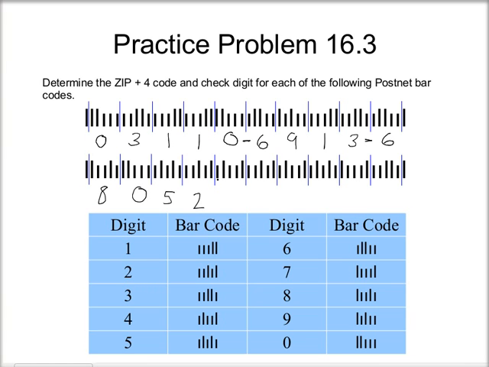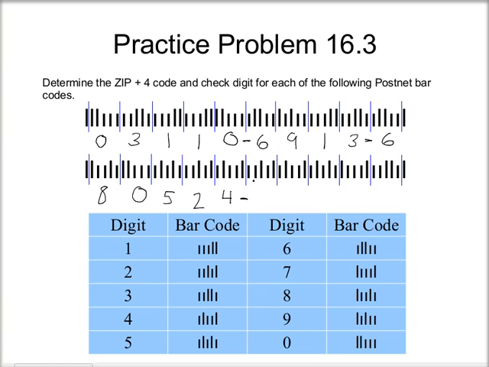And I've got short, long, 2 shorts, and a long, and that is going to give me a 4. So that's the first 5 digits, so that's the regular zip code. Now I need my +4.